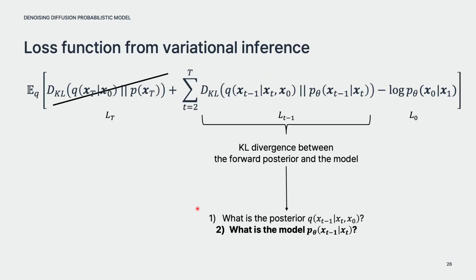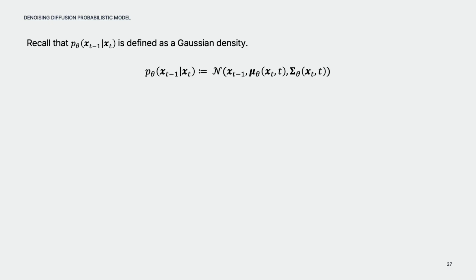Okay, so we've seen the posterior. Now let's see the model, P theta of x t minus 1 given x t. In the reverse process, we have defined this P theta as a Gaussian density. This means that there are two parameters we need to estimate, which are the mu theta and the sigma theta.